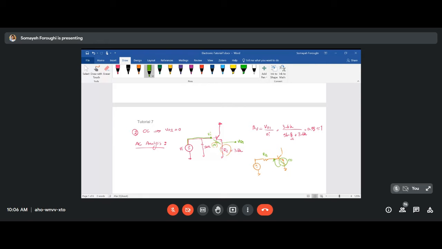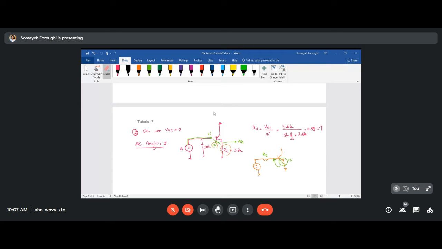If you simply write a KVL here, you will find that IE is included. I didn't get your question there. When you're going for your input resistance, the IE is felt on the RE and big RE.